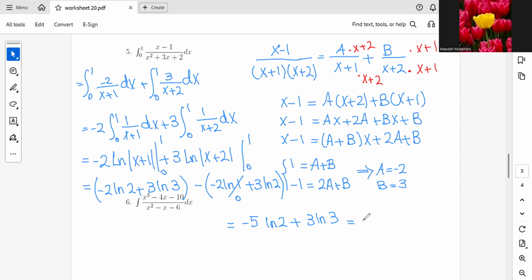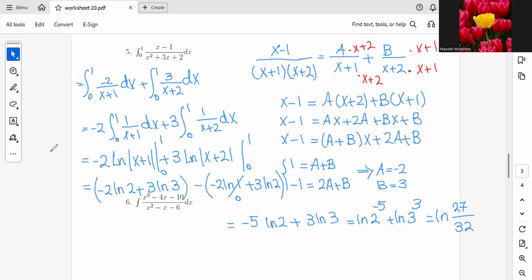Or you can write it as ln of 2 to the power -5 plus ln of 3 to the power 3. And with the help of laws, we can write it as ln of 27 over 32.